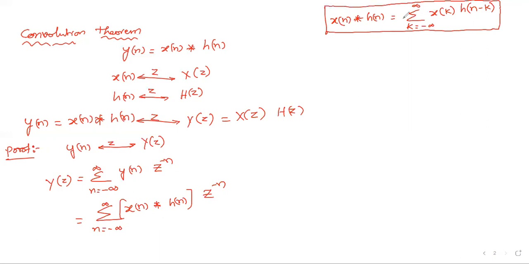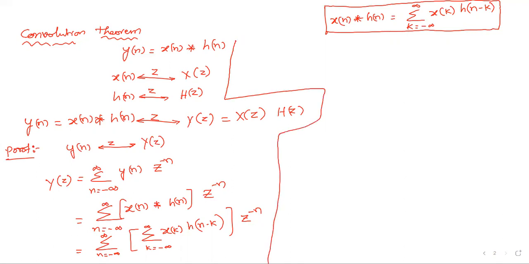Now I'll use this expansion in this expression: summation n equal to minus infinity to infinity, summation k equal to minus infinity to infinity x of k h of n minus k whole into z power minus n. Now, in order to prove the convolution theorem, here x of k is there, here n minus k is there, but in the z term only n is there.